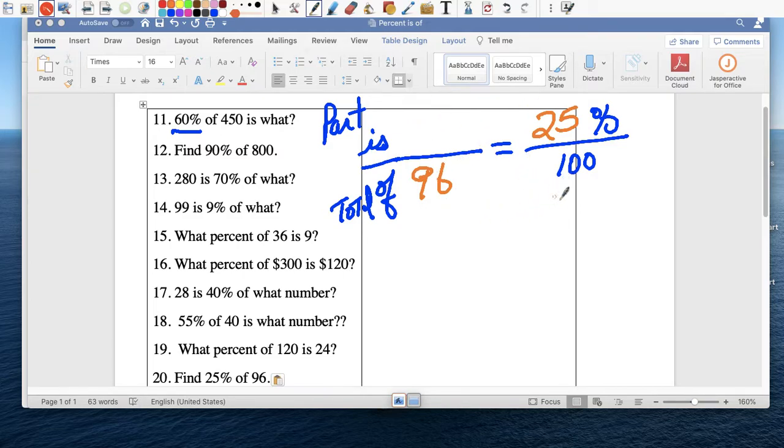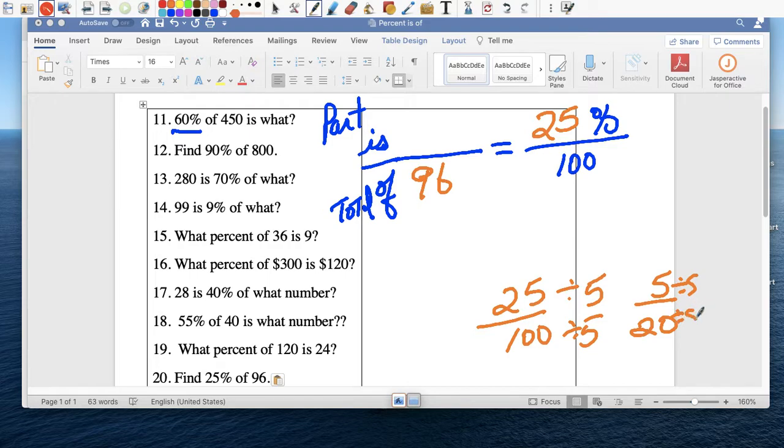So relationship, yuck. We're going to simplify this. Let's divide by 5. 25 divided by 5 is 5. 100 divided by 5 is 20. Yeah, still not good. Let's divide by 5 again. 5 divided by 5 is 1. 20 divided by 5 is 4. Much better. Write 1.